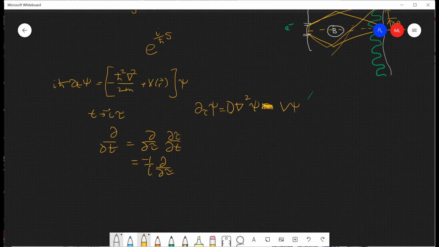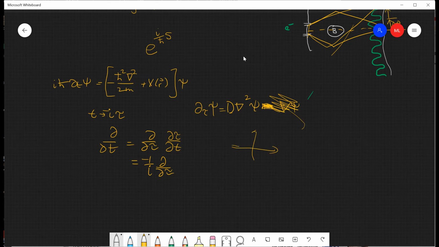This is a diffusion type equation. It has a single time derivative and two spatial derivatives. If you have no potential, what this describes is just random Brownian motion. This would correspond to how a probability distribution for a particle evolves over time.